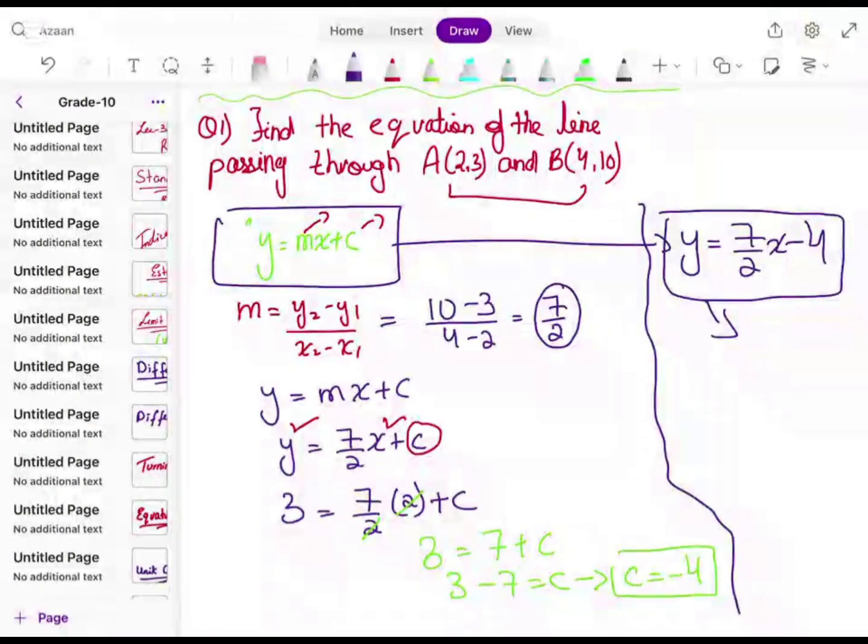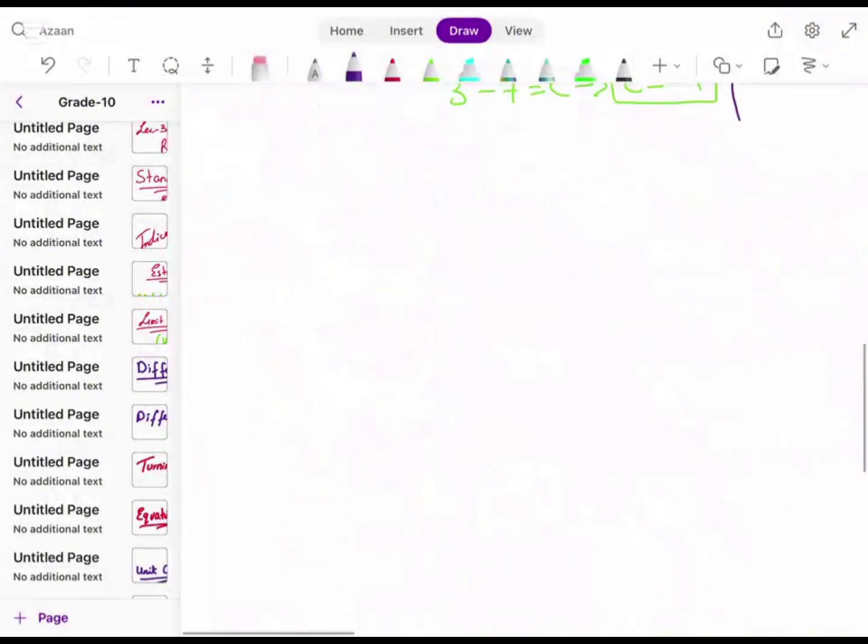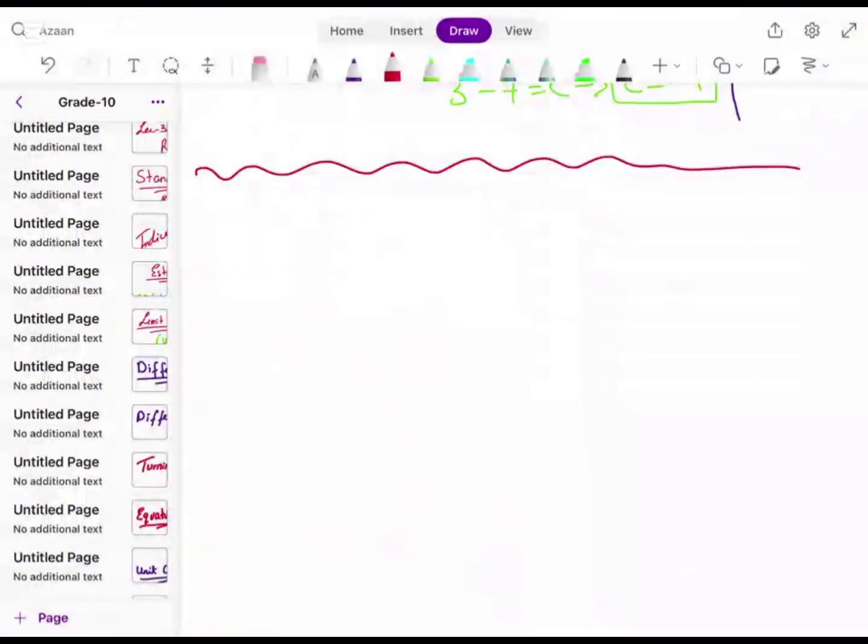Now we will do the second part, which is finding the parallel and perpendicular line questions. The heading is parallel and perpendicular.